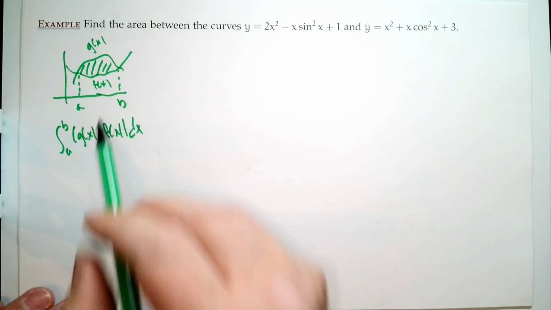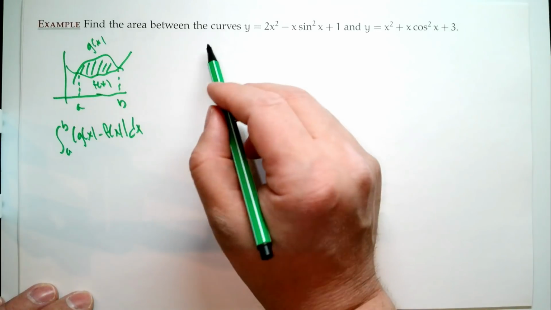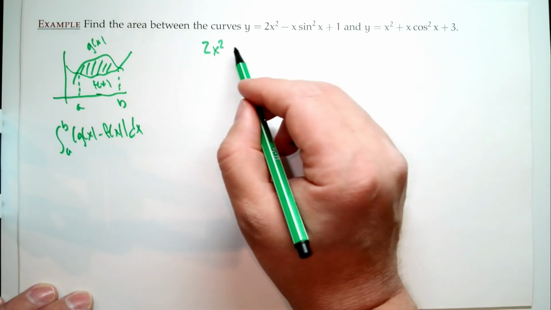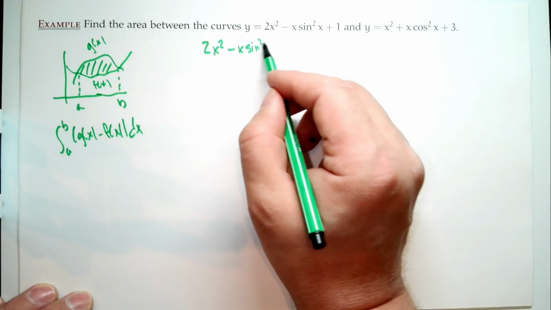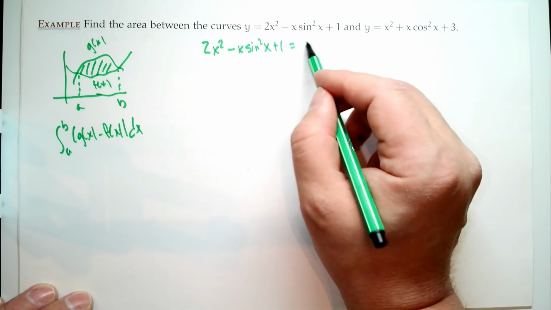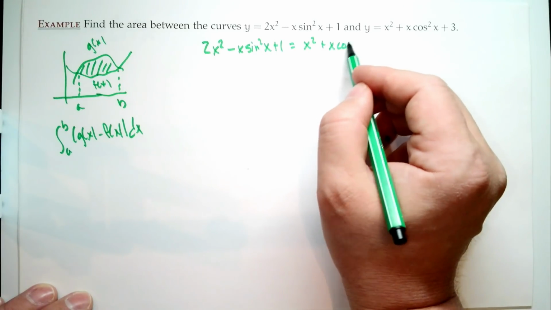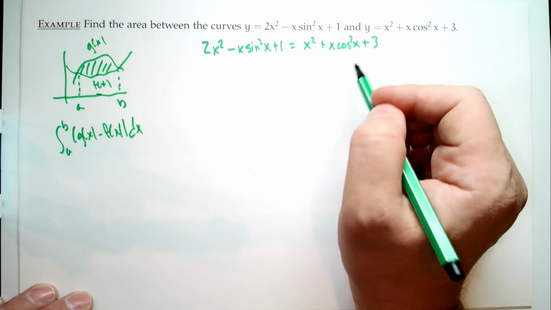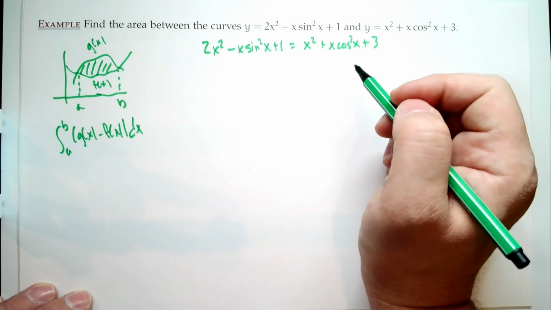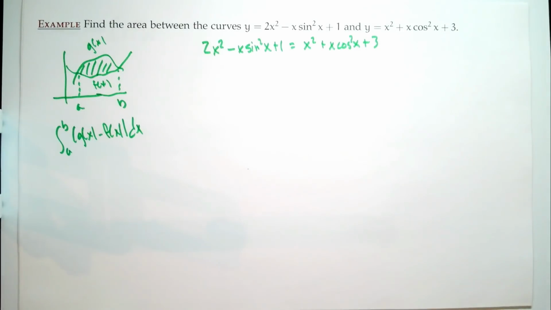Well, if they don't, you have to find where they intersect, which means you set the curves equal. So 2x squared minus x sine squared x plus 1 would have to equal x squared plus x cosine squared x plus 3. And we're getting a little nervous, because whenever you see trig and algebra mix, they tend not to mix very well.